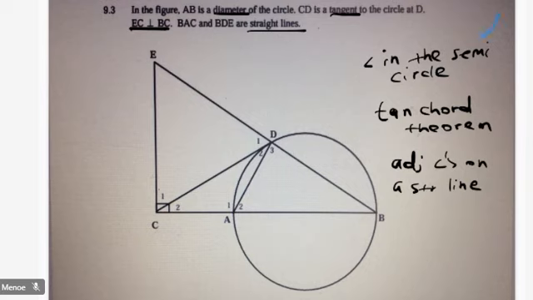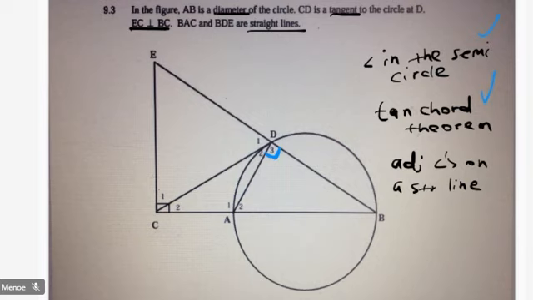Let's go with the first reason, angle in the semicircle. It will help us find which angle? This angle here is 90 degrees. You see, your information analysis corresponds with your diagram analysis. It becomes easy to do the diagram analysis if you have really done the information analysis.